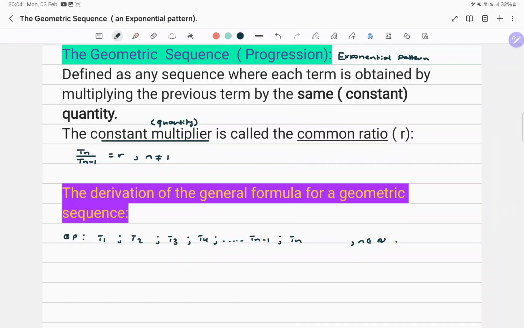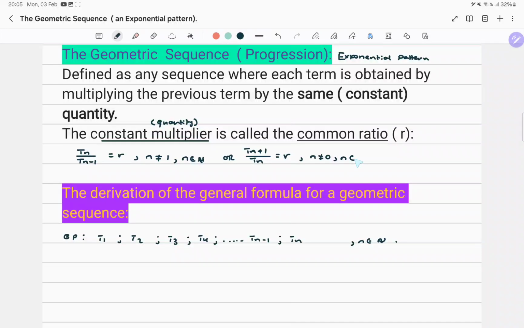So always look at something that you write and essentially appreciate what it stands for. And we know n is an element of natural numbers. Or somebody may say the term that comes next, so tn plus 1 divided by tn, which is the term before, should give us R. Now what could be the restriction here? Like I said, we must never have term 0, so we know that n should not be equal to 0 here.